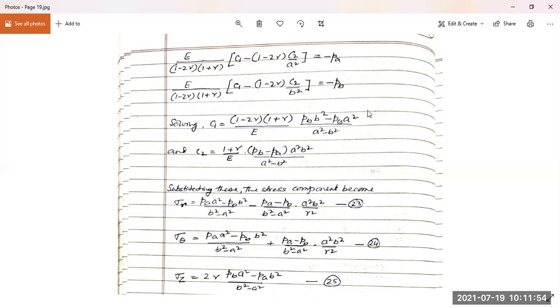And if you solve it again, then C1 will have this type of equation, 1 minus 2 gamma into (PA a square minus PB b square) by E into (b square minus a square). Again, C2 is (1 plus gamma) by E into (PB minus PA) a square b square by (b square minus a square).